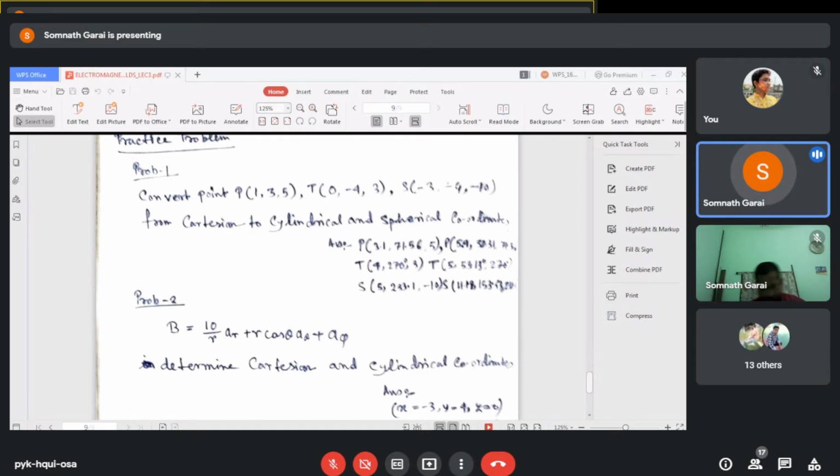Man, you check the value of phi of spherical coordinate of S. Sir, phi will be tan inverse 4 by 3, as the coordinate is minus 4 and minus 3. Is it situated at fourth quadrant? Is it not? Yes, sir. The coordinate is situated at fourth quadrant.